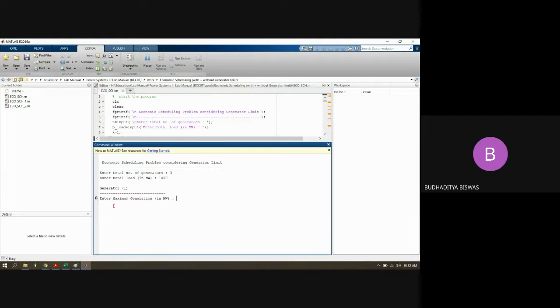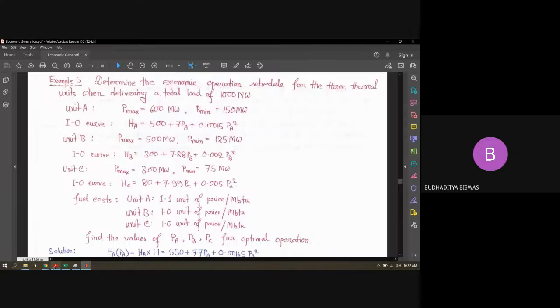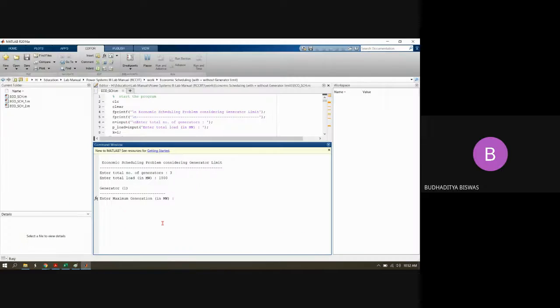Then for generator 1, enter maximum generation. For generator 1, or unit 1, maximum is 600, minimum is 150.